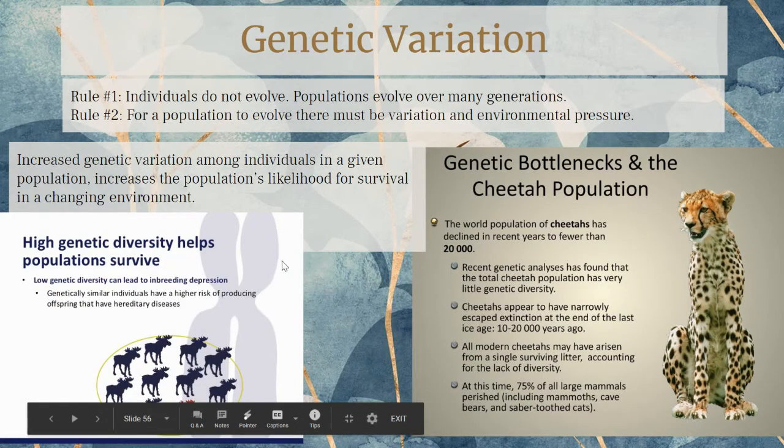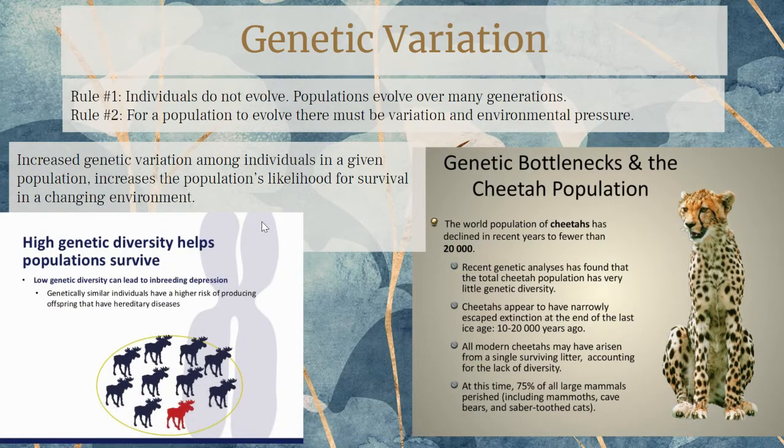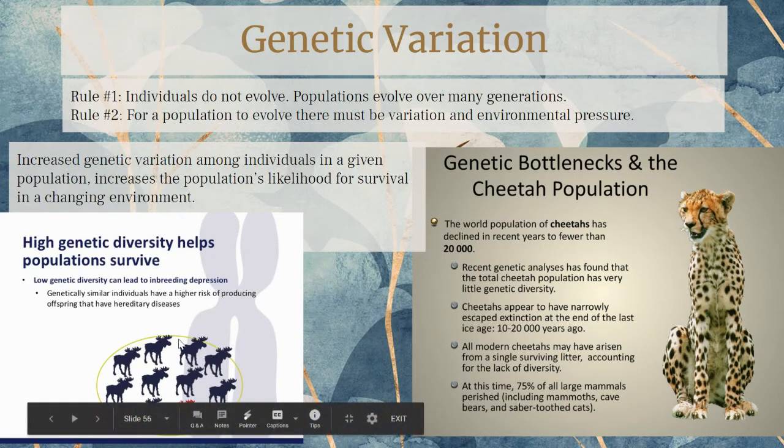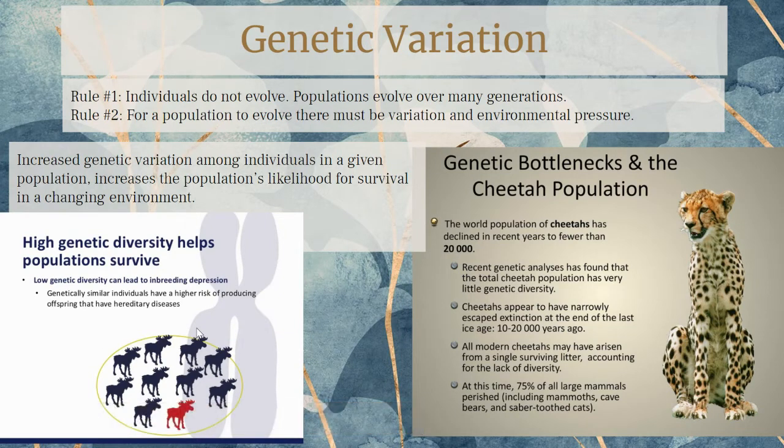All right. So, increased genetic variation among individuals in a given population increases your likelihood for survival in a changing environment. So, high genetic diversity helps populations survive. Low genetic diversity can lead to inbreeding depression, and you reduce the diversity in your gene pool. Genetically similar individuals have a higher risk of producing offspring that have hereditary diseases.